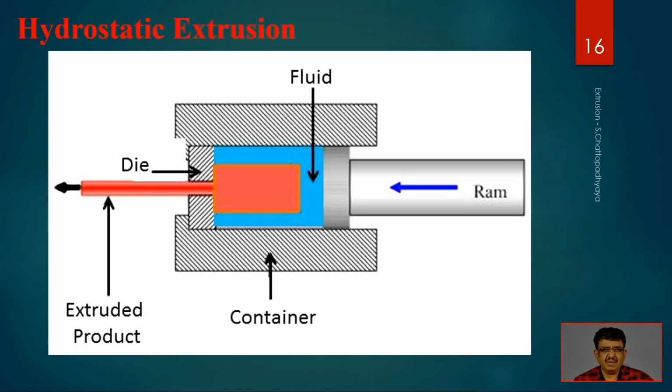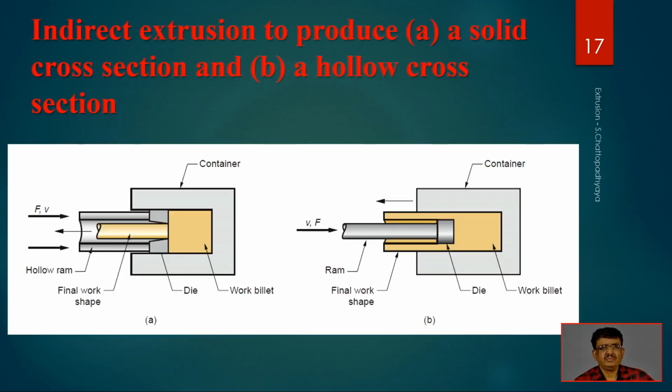And then this is the bigger picture. The extruded product is coming out, the plunger and the fluid are in between, and the ram is pressurizing the fluid, and the fluid is pressurizing the raw material, and the raw material against the die is coming out of it. This shows the difference between solid cross sections, where no mandrels are there, and when mandrels are there, we can have a hollow section.